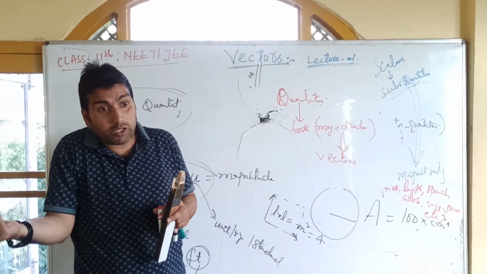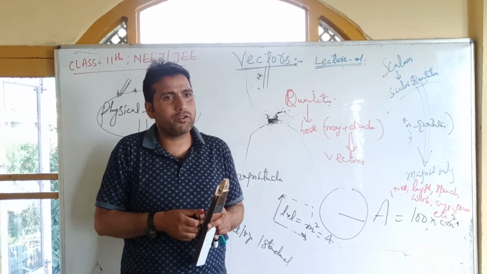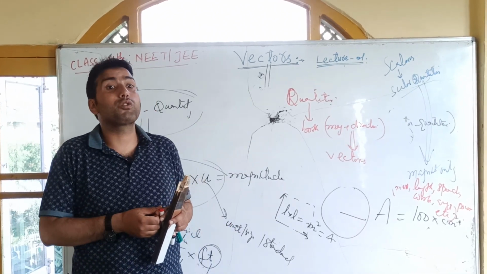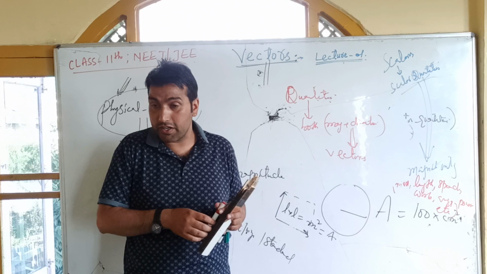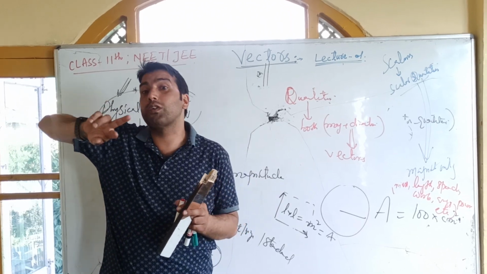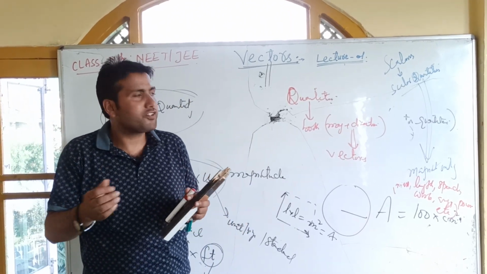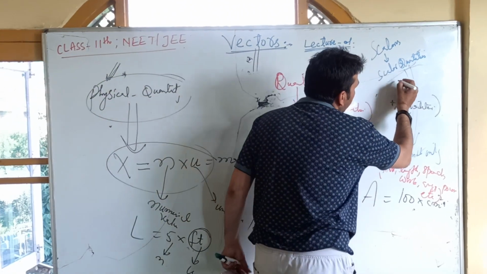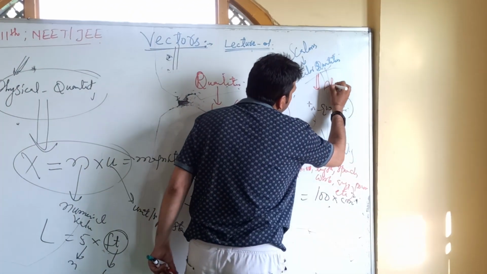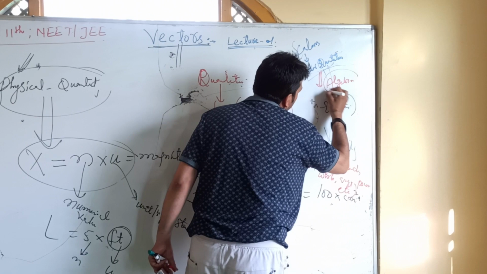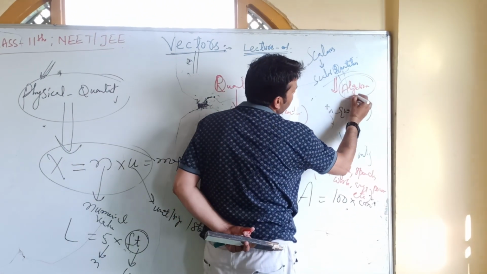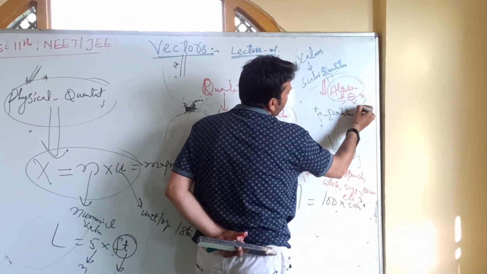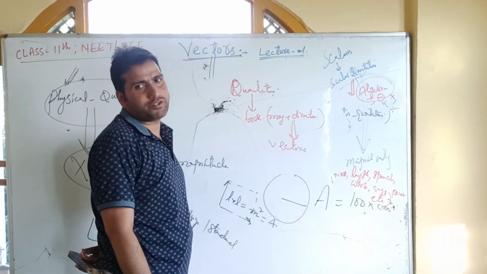We can have the total mass: 1 kg of tomato plus 1 kg of rice equals 2 kg, and 2 kg of sugar makes 2 plus 2, 4 kg. So scalars are always measured through algebra, like addition, difference, multiplication and division.